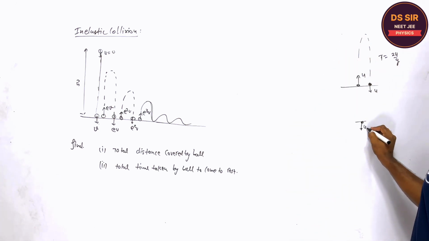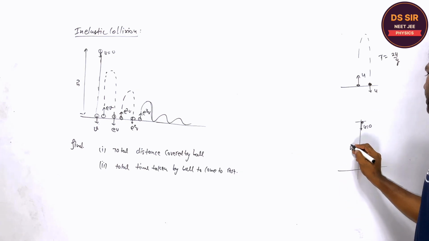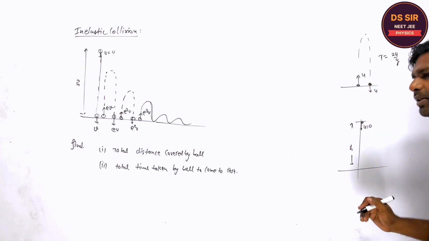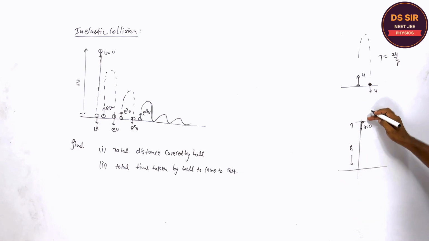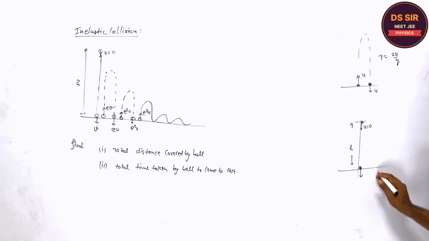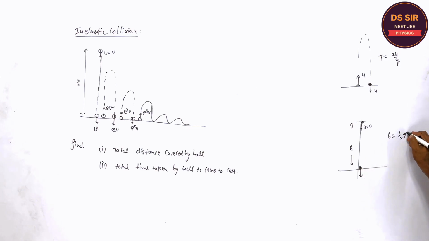If it is released from rest and this is the total height, what is the time taken by the ball to hit the ground? Say h is equal to half gt square. S is equal to ut plus half at square. The initial velocity is 0, acceleration is g. Time is root 2h upon g. Right, this is the thing.